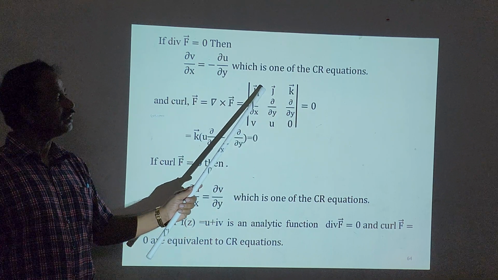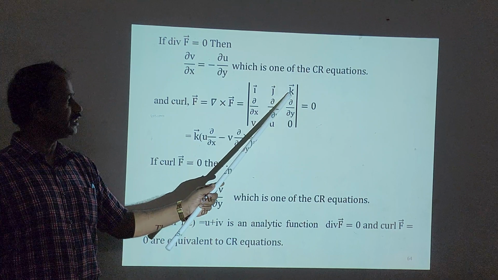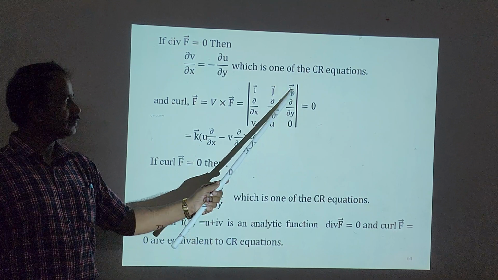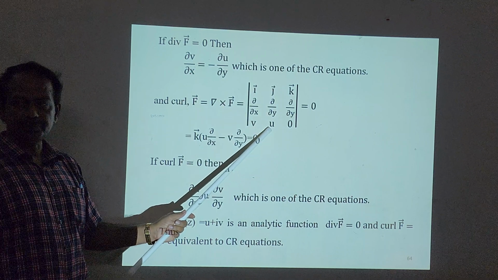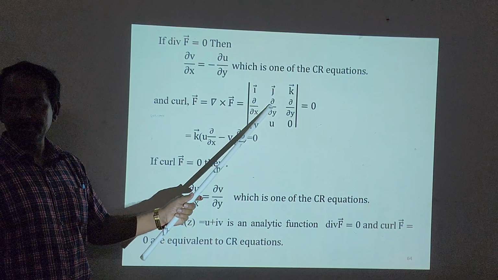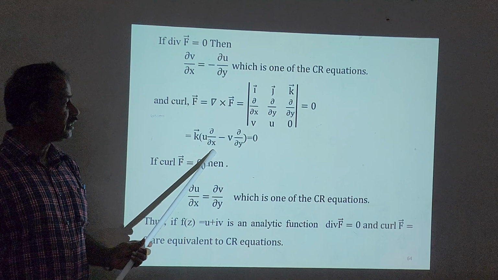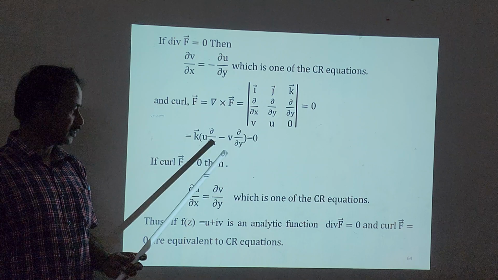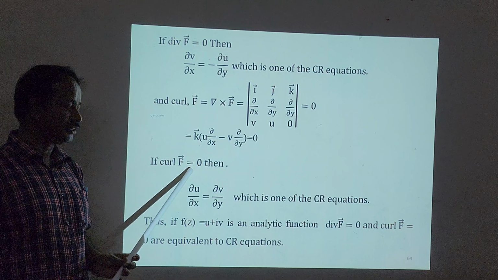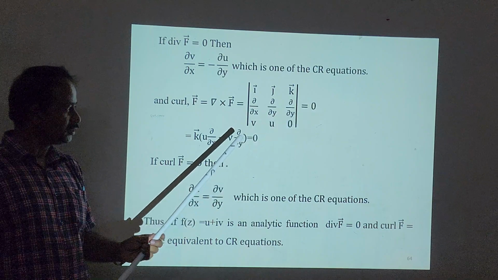Now we will go for the k term alone. The other terms will become 0. So the k term will give you this multiplied by this minus this multiplied by this, that is partial du by dx minus partial dv by dy equal to 0. The condition is curl f equal to 0.